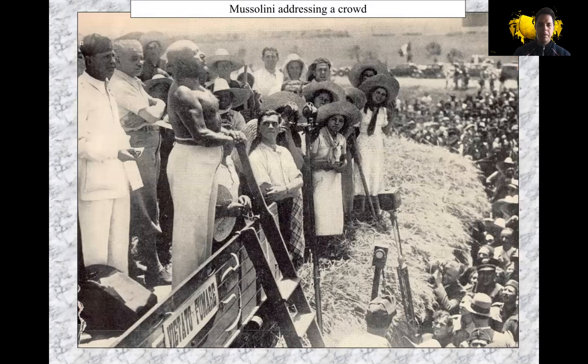Now, as we talked about, Mussolini was a very bombastic individual. And the reason why they wanted to go specifically into Ethiopia is because Ethiopia had previously stopped Italian imperialist ideologies in the 1890s. And Mussolini, being the bombastic nationalist that he was, felt that this could not fly.